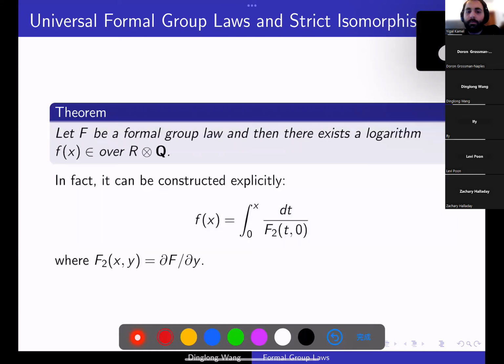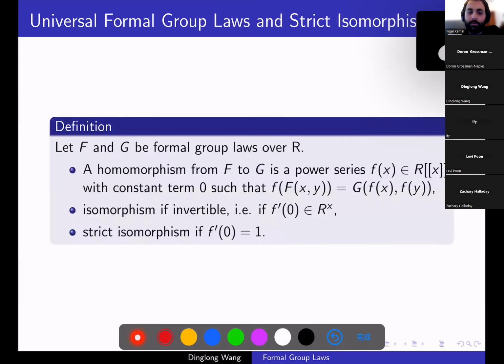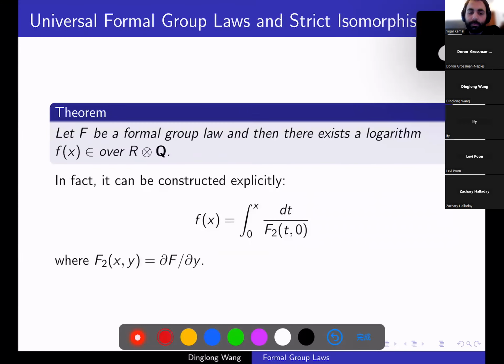In fact, every formal group law over a Q-algebra is isomorphic to the additive formal group law, and when we have a strict isomorphism between F and the additive formal group law, we call that isomorphism the logarithm of F. Over Q we always have a logarithm, and in fact it can be constructed explicitly.